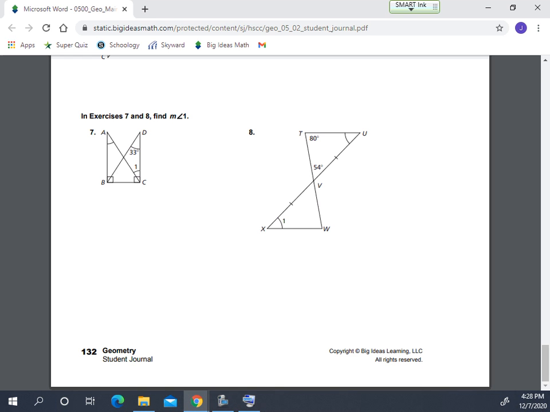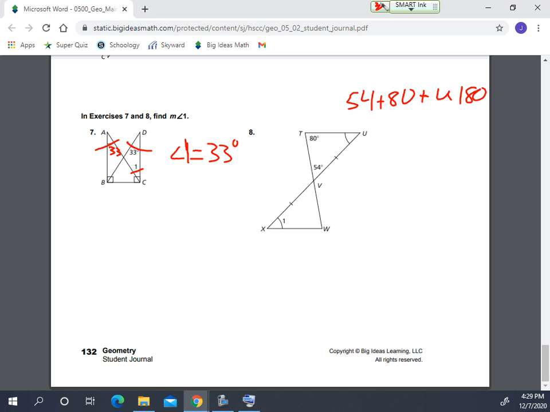Now move on to number 7. In exercises 7 and 8, find the measure of angle 1. This first one, number 7, looks a little tricky. But look, 1 mark, that's equal to 33. What else has 1 mark? Angle 1. So angle 1 is equal to 33 degrees. Okay. This next one, we know that 54 plus 80 plus u has to equal 180.